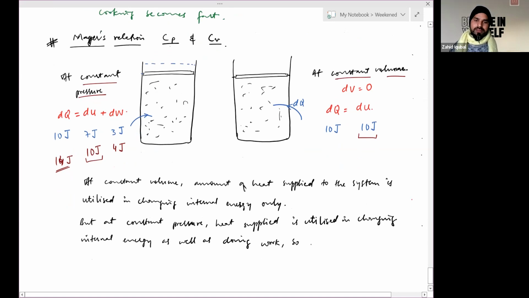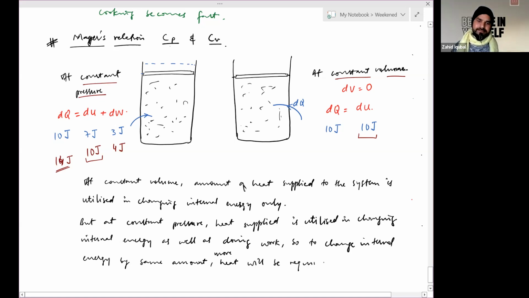So to change the internal energy by the same amount, more heat will be required at constant pressure. Hence, Cp is greater than Cv.